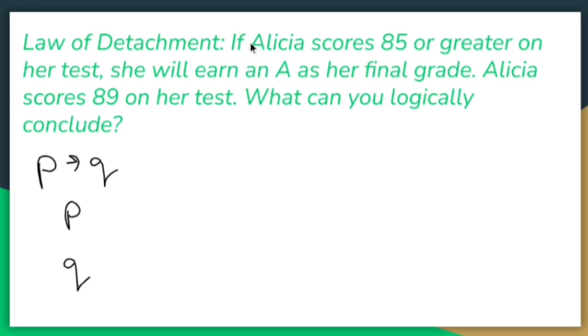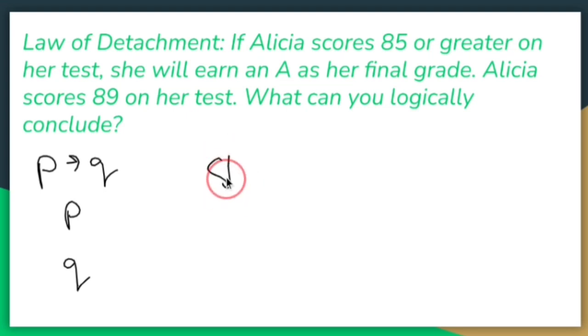It's just logic. If Alicia scores 85 or greater on her test, she will earn an A on her final grade. Terrific. Alicia scores 89 on her test. What can you logically conclude? Well, if she scores 85 or higher, she gets an A. What did she score? 89? Oh, well then what can we conclude?